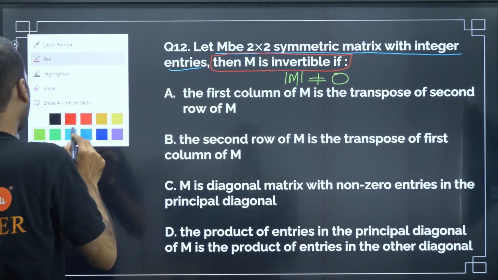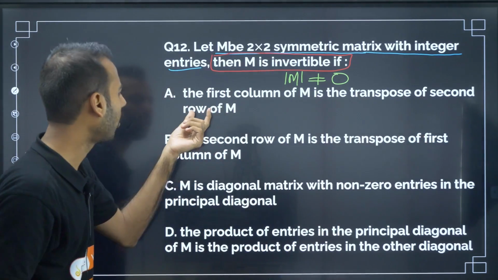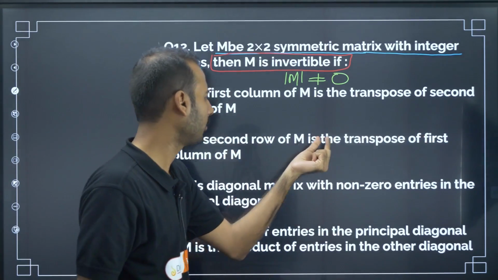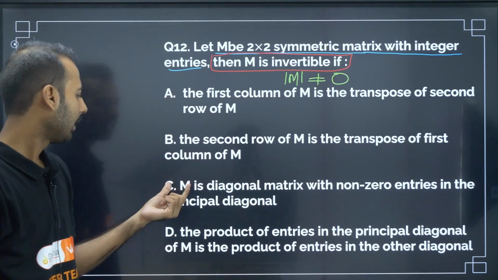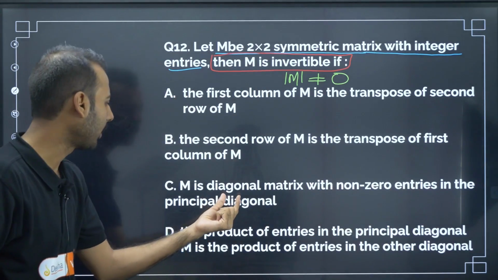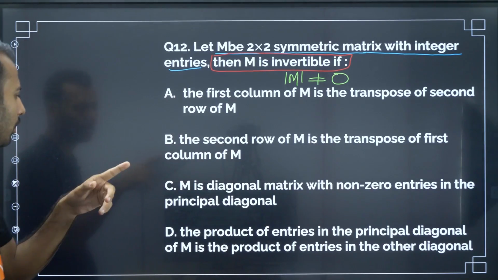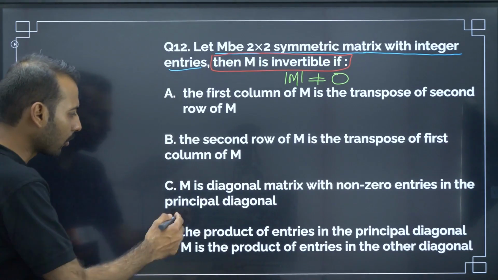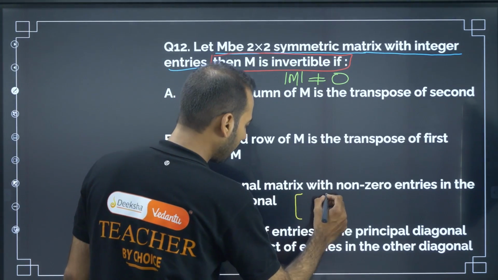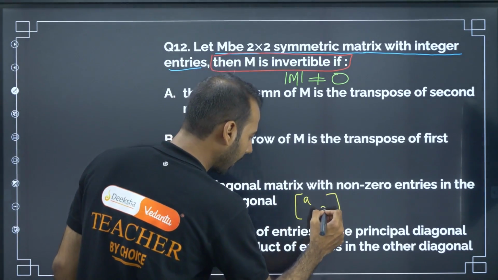Now for this, if you go through option, the first column of M is transpose of second row of M. Nothing like that. The second row of M is the transpose. Nothing like that. M is a diagonal matrix with non-zero entries in the principal diagonal. See here, M is a diagonal matrix with non-zero entries in the principal diagonal. If I focus on this, M is a diagonal matrix. Diagonal matrix means what? Diagonal elements are alive.